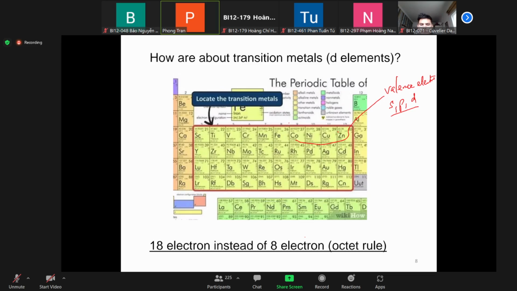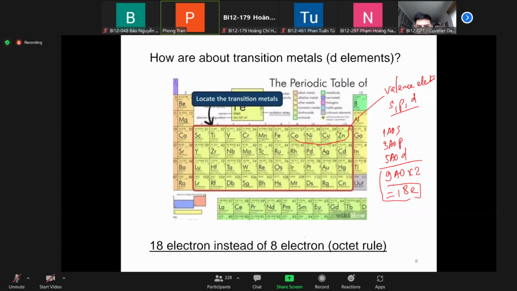So now you can observe that instead of obeying 8 electrons, the octet rule, for the transition metals, because you have 1 s orbital, 3 p orbitals, and 5 d orbitals, in total you will have 9 orbitals. Times 2 equals 18 electrons.